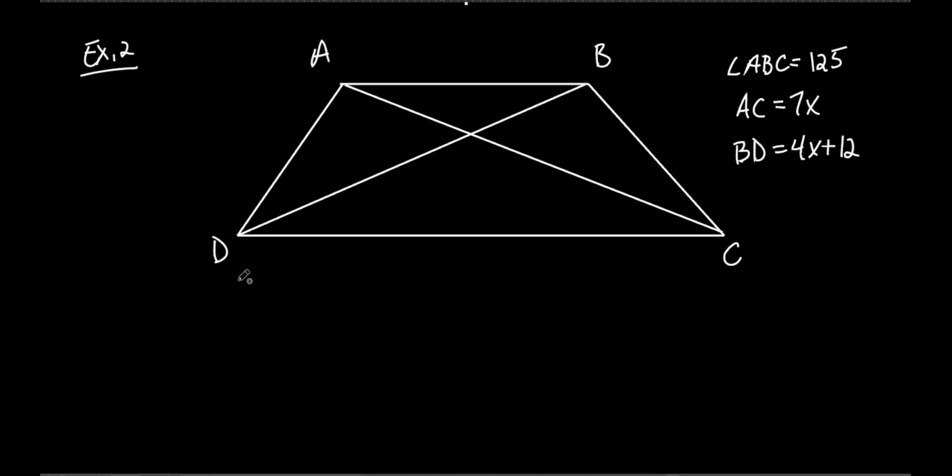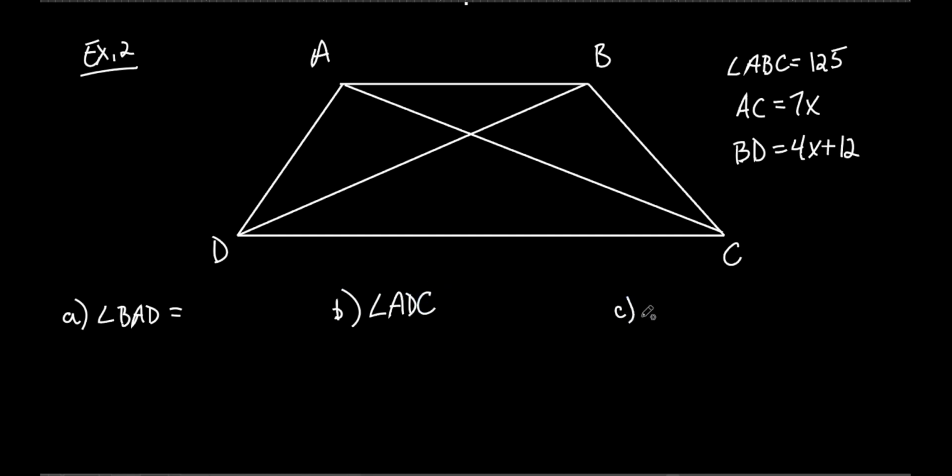They ask you to find a whole bunch of stuff. Let's write down what they ask you to find. Part A: angle BAD. Part B: angle ADC.